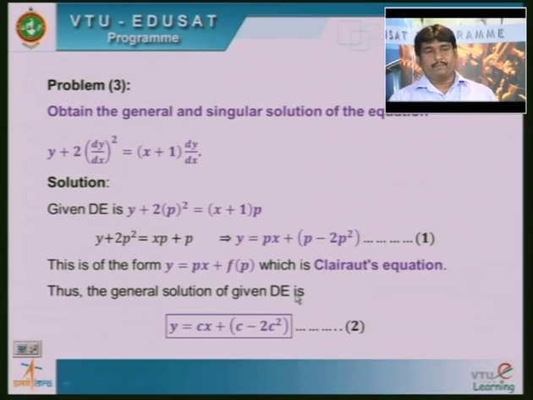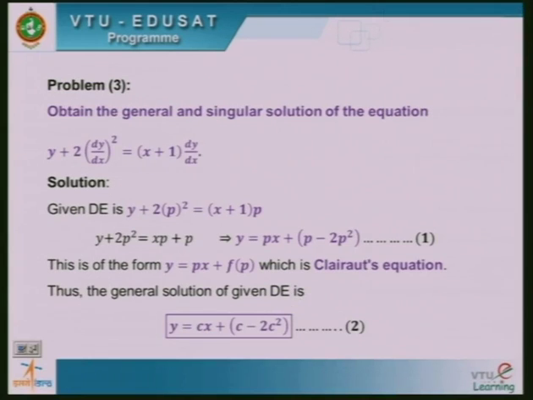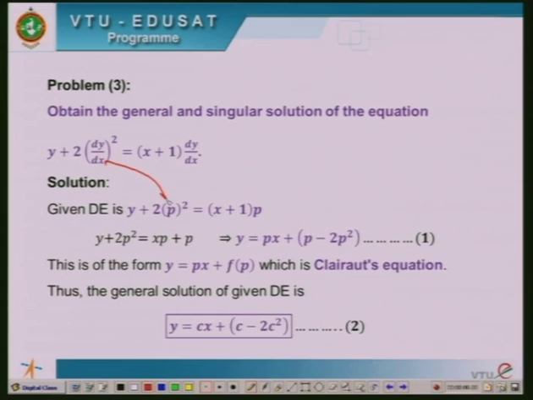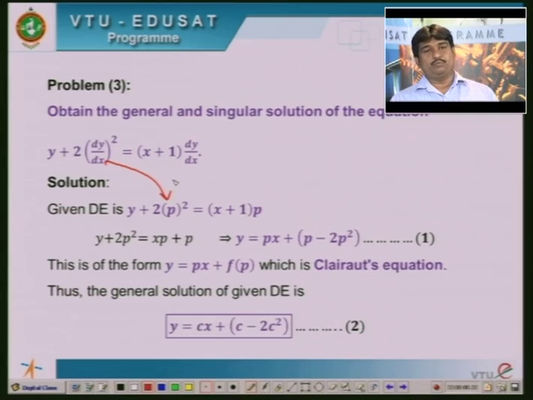Problem number 3. Find the general and singular solution of the equation (y plus 2 dy by dx) whole square equals (x plus 1) into dy by dx. We know that dy by dx is p. So write it as (y plus 2p) whole square equals (x plus 1) into p.